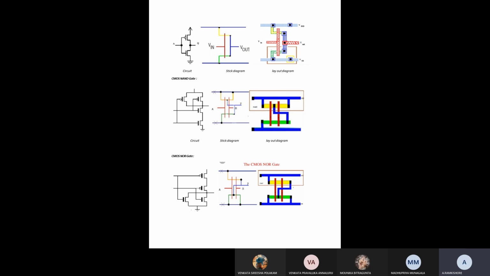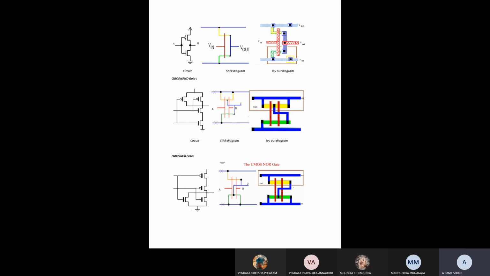Whatever we designed in the transistor level diagram will be implemented in between the two metals. For the p diffusion type transistor, we use a yellow color to represent the p-type transistor, and for the N diffusion we use green color to represent the N-type transistor.